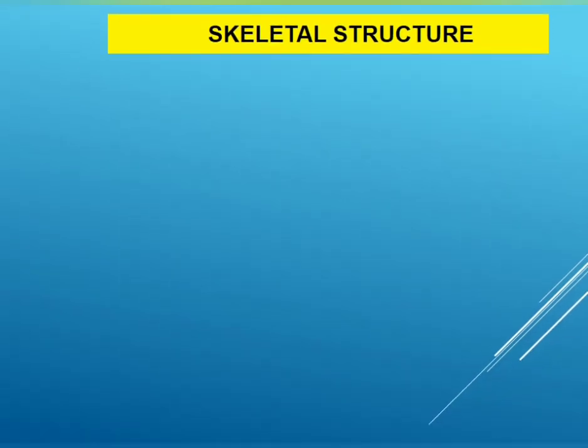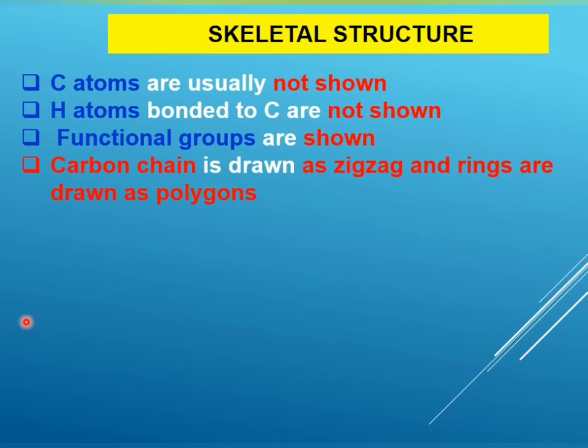Skeletal structure is how we can draw the structural formula of an organic compound in a simpler and quicker method. In skeletal structure, carbon atoms are usually not shown. Hydrogen atoms bonded to carbon are not shown, but we show the functional groups of other non-carbon atoms such as oxygen, nitrogen, sulfur, and so on.